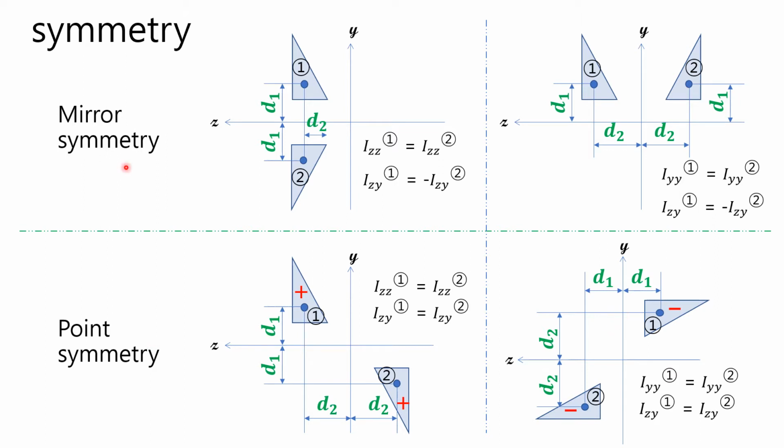In the case of mirror symmetry, the 2 cross-sections have the same second moment of area value, but the product moment of area values have opposite signs. In the case of point symmetry, the 2 cross-sections have the same second moment of area value, and the same product moment of area value also.